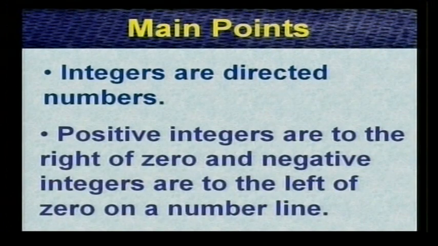Positive integers are to the right of 0, and negative integers are to the left of 0 on the number line. Do we know our left and right sides? Yes, if we don't know, then it will be a problem when it comes to answering our questions.